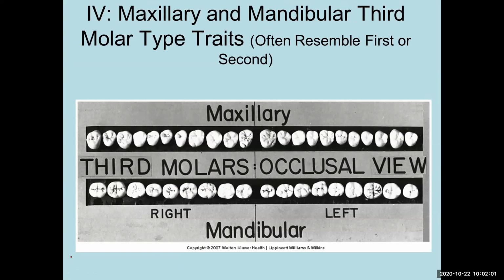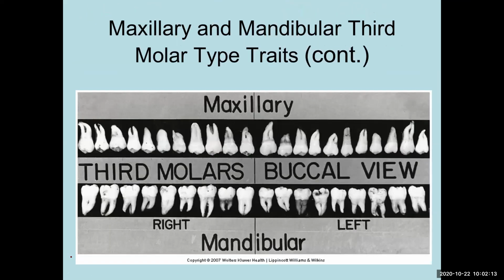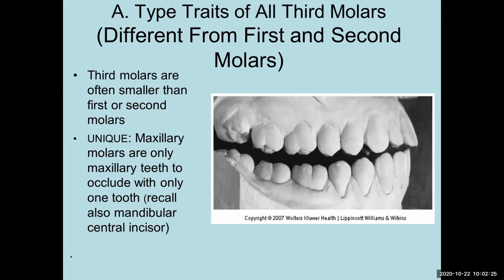Now for the third molars, anything goes for third molars. You are going to draw your third molars. The roots are closer together, oftentimes fused. If there is a tilt to the roots, they're going to tilt towards the distal.